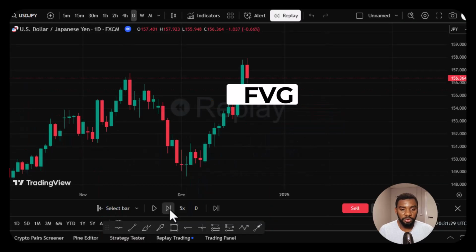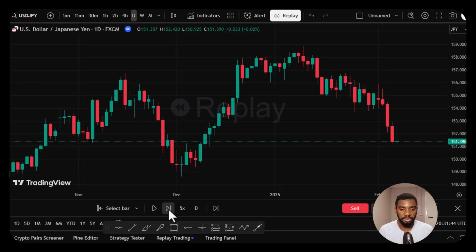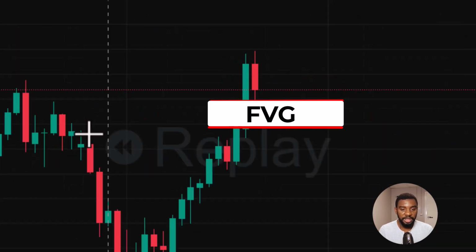This happens when price moves so fast that there isn't enough liquidity at intermediate prices, often driven by news or big institutional orders. Because these gaps highlight inefficiencies, areas where buying and selling pressure was extreme, they become targets later.